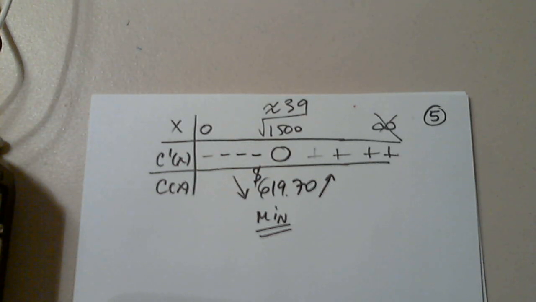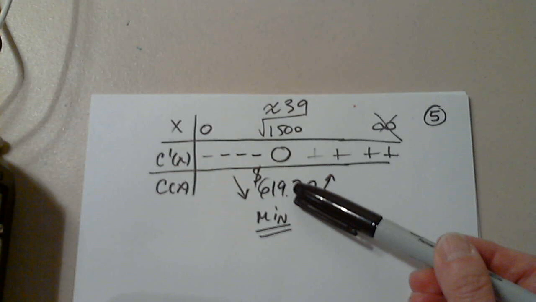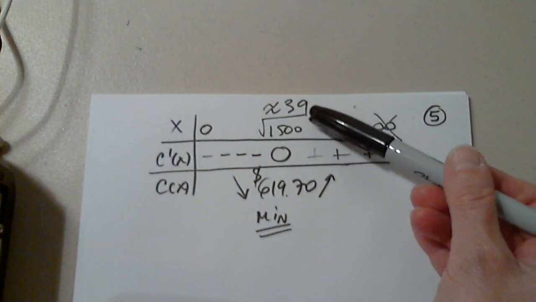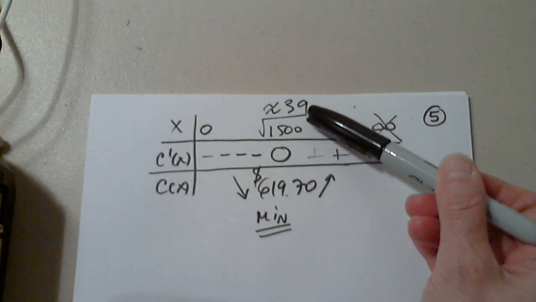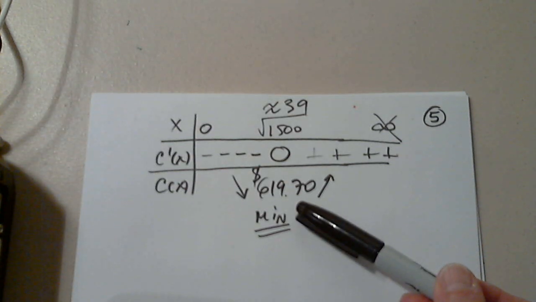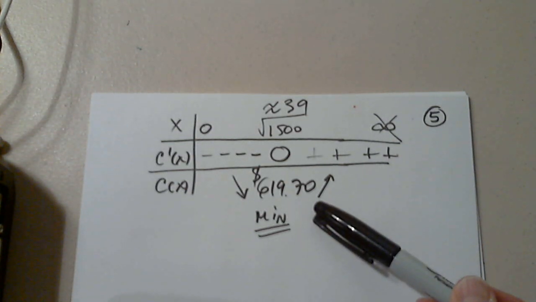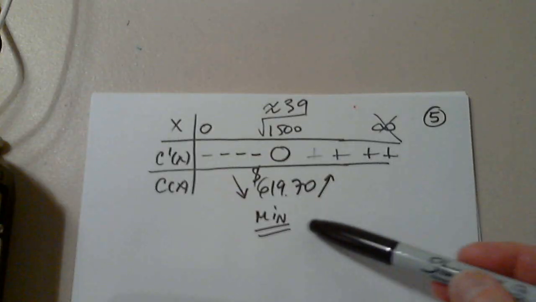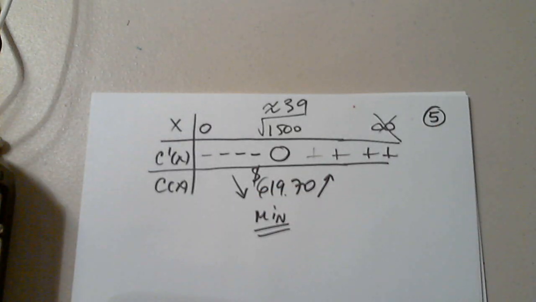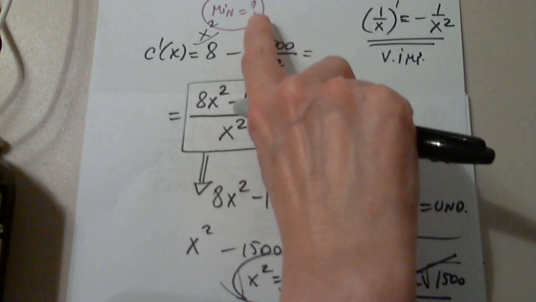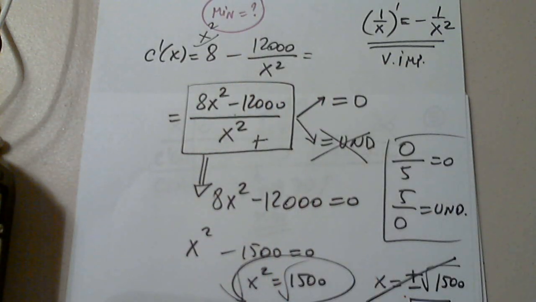So in order for the minimum cost to be achieved, we should manufacture and sell 39 units, and the minimum cost will be 619.70. This table has to be presented. We cannot say, oh, you asked me to find a minimum? Okay, I found it. It's when x is 39.